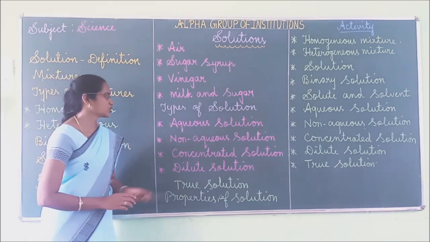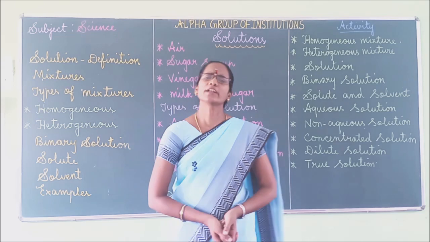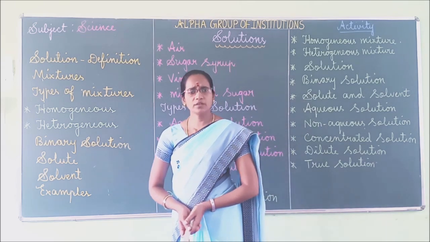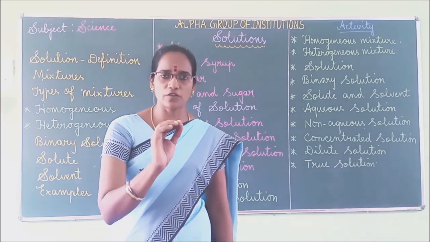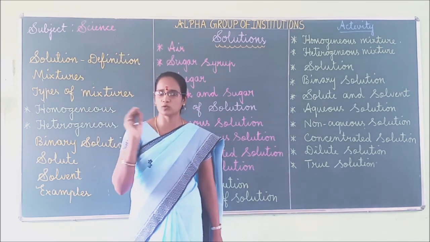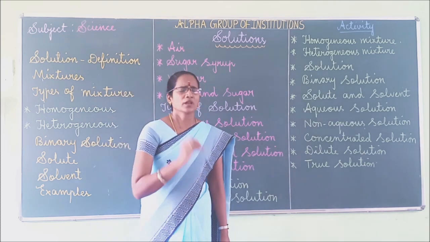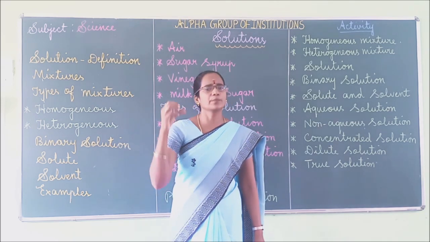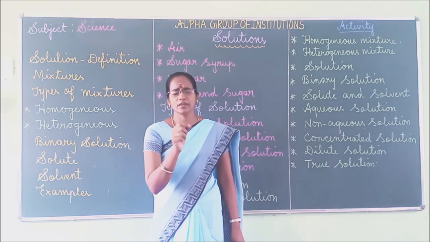Got it? Right. First one is aqueous solution. What is meant by aqueous solution? The solution in which water acts as a solvent. This is called aqueous solution. In the meantime, I will tell you one thing. We are using not only water, we are using many solvents. But specifically we say water is a universal solvent.